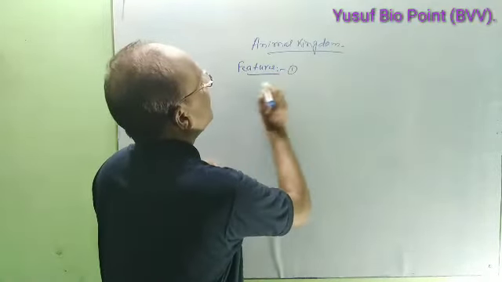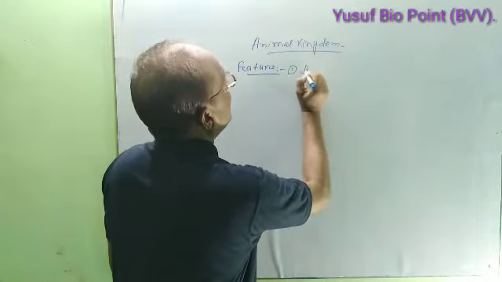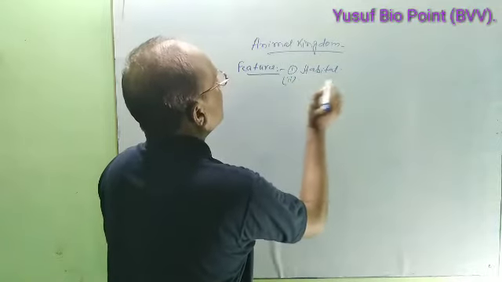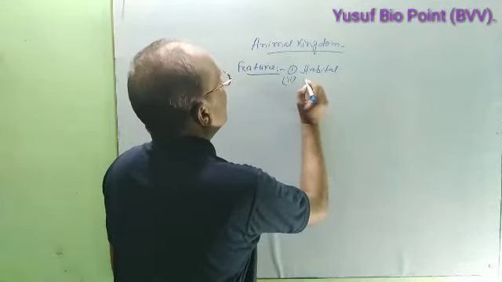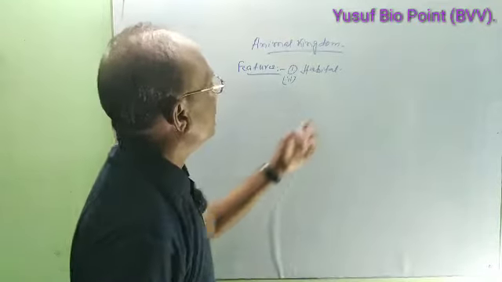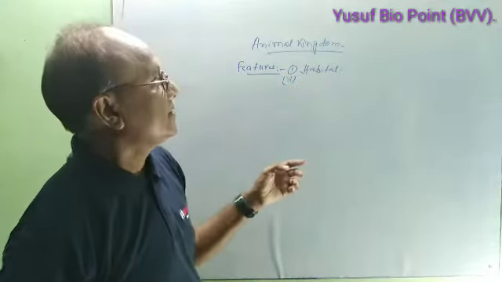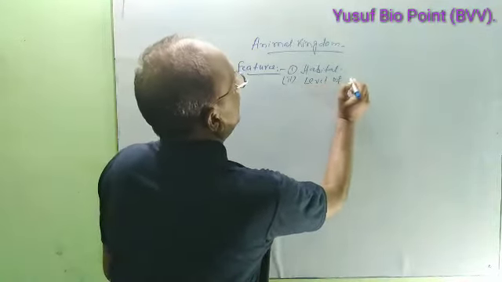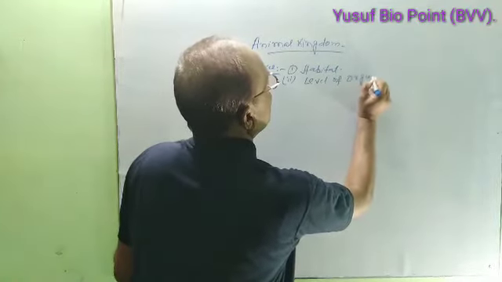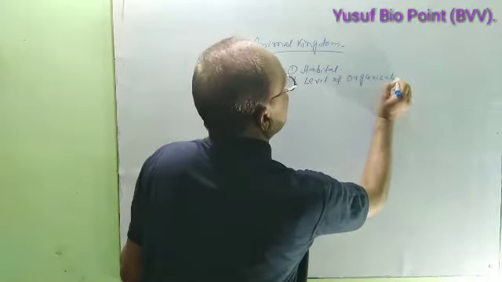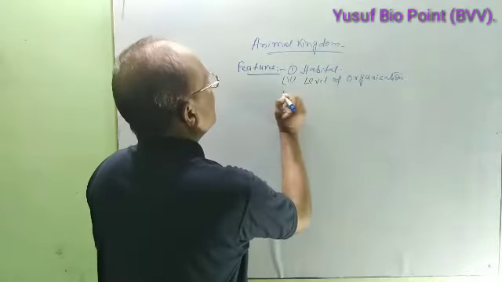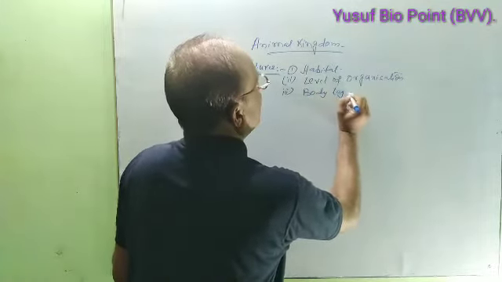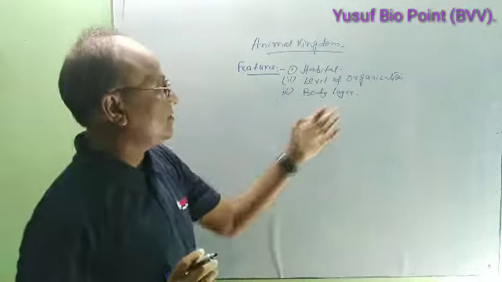We have already studied the first one, habitat, the second, level of organization, and the third, body layer, that is whether diploblastic or triploblastic.